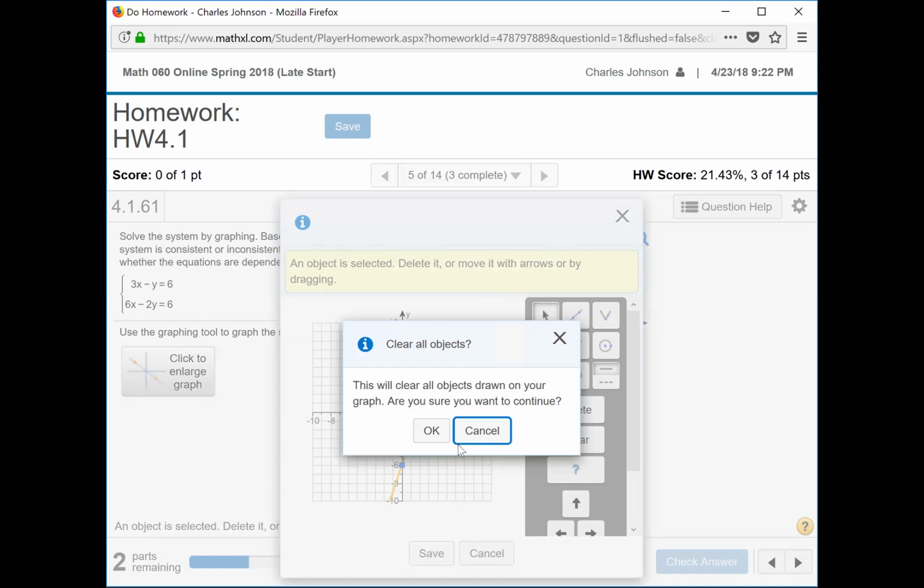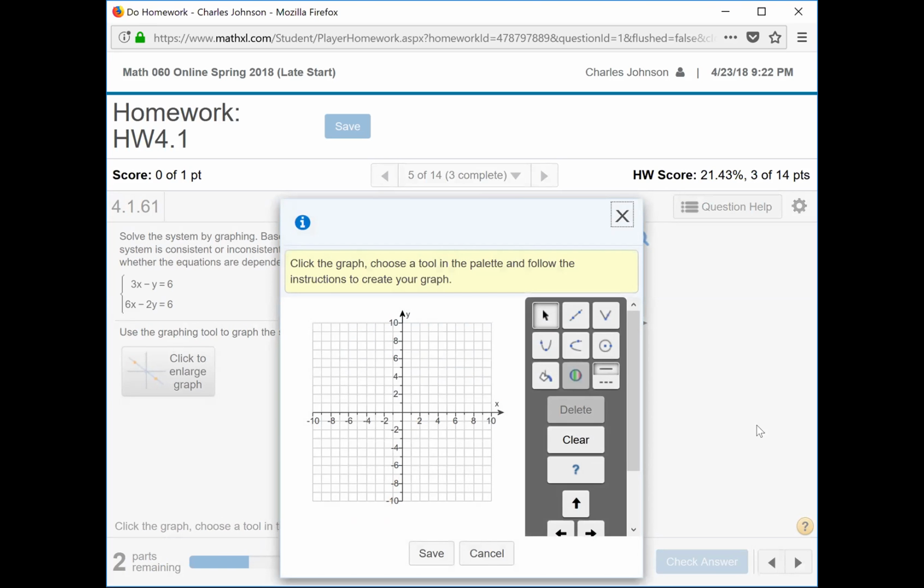Or if you don't like that, then you just go back to that slope intercept form we found, y equals 3x minus 6. And we go down to -6, and then we rise 3 and run 1. And so that's our first line.